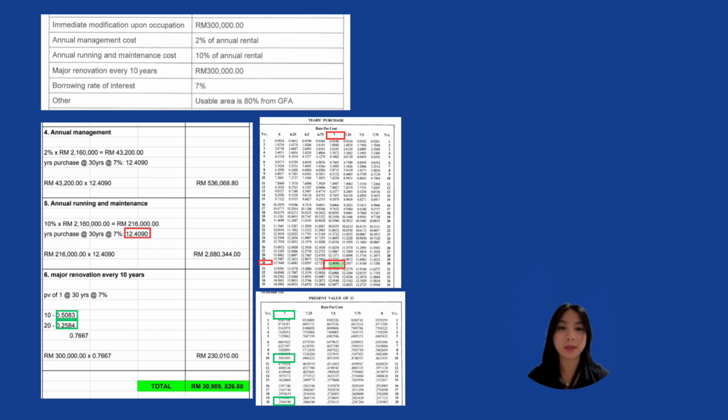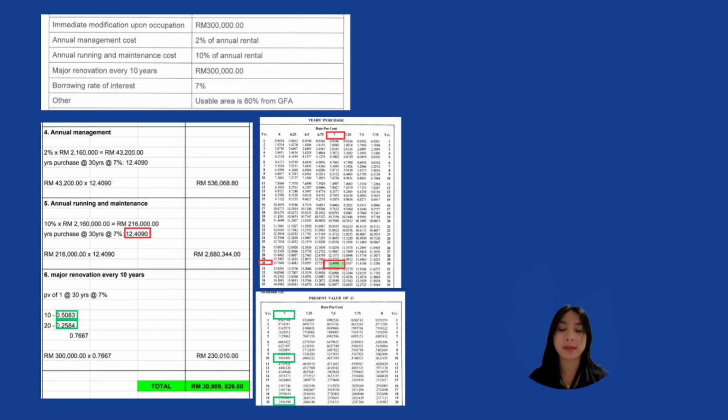The annual management cost is 2% of the annual rental, giving RM43,000 annually. After multiplying by the same years purchase factor, the present value is RM536,000 and 68.80 only.